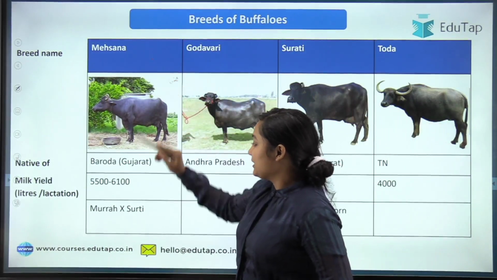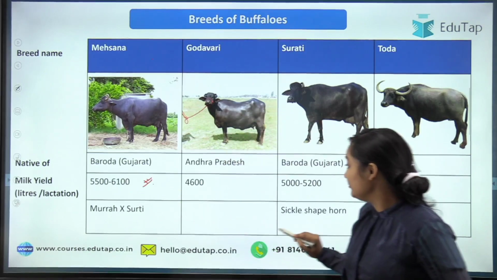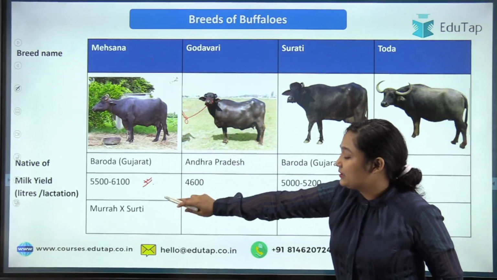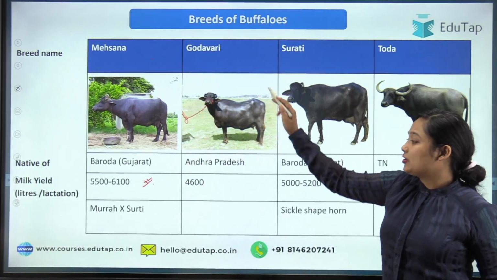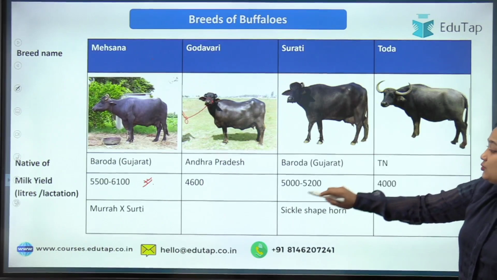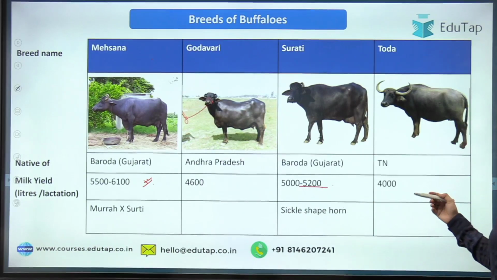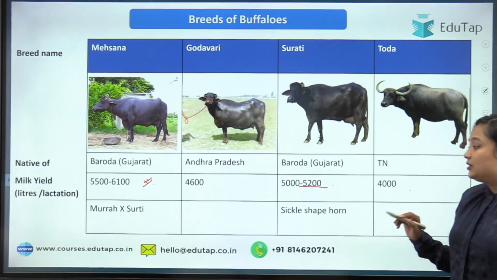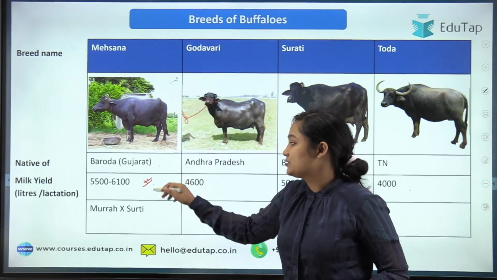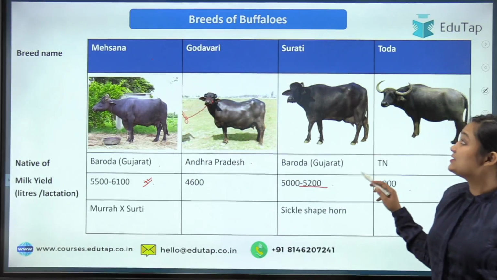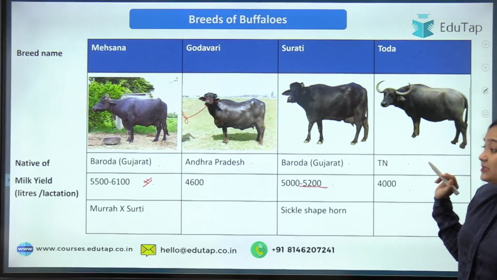Talking about Mehsana, again you can see the milk yield here: for Mehsana the milk yield is 5,500 to 6,000. Then Godavari 4,600, Surti 5,000 to 5,200, and Toda 4,000. Again going for the origin: Mehsana origin is Gujarat, Godavari Andhra Pradesh, Surti Baroda, and Toda is Tamil Nadu.